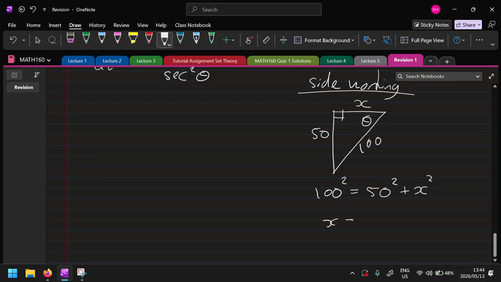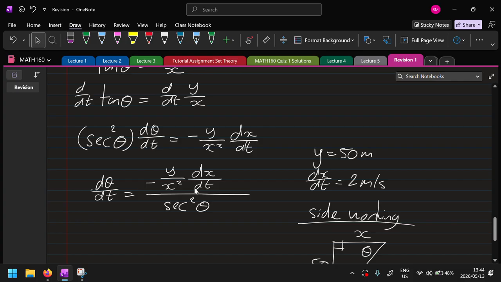Okay, so x must be the root of 100 squared minus 50 squared. What's that? Like that. Okay. So we've got x. Okay, good. So top part's done.